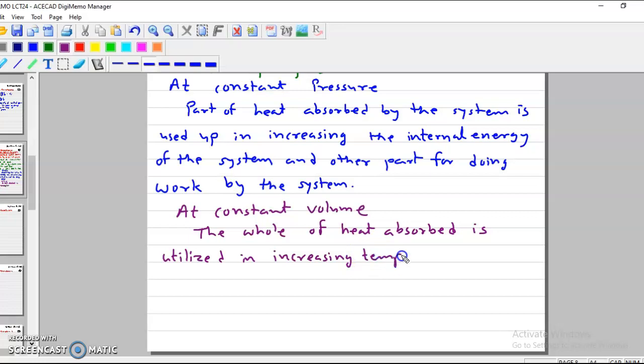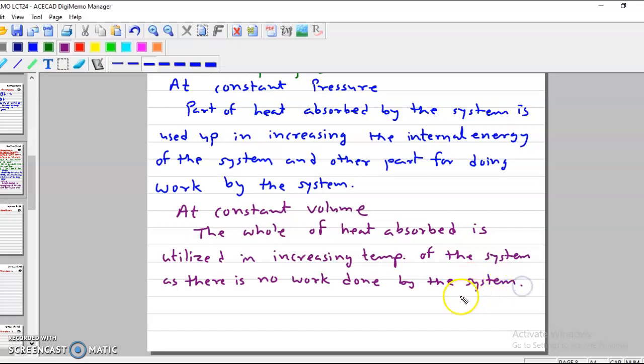So we can increase the temperature in the case of Cv of the system, as there is no work done because there is no change in volume. So there is no work done by the system at constant volume.